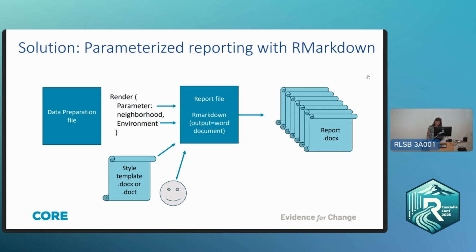You can use a for loop or function to send a whole batch of parameter values or neighborhood names sequentially to the report file, or you can call each one at a time, such as when you're testing your process.